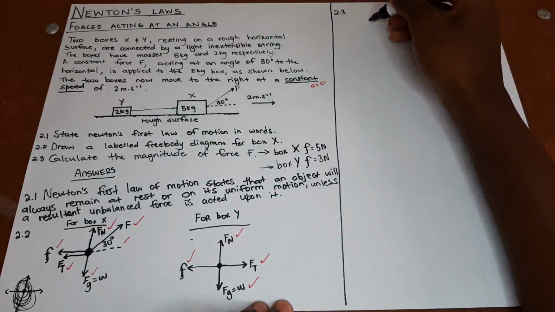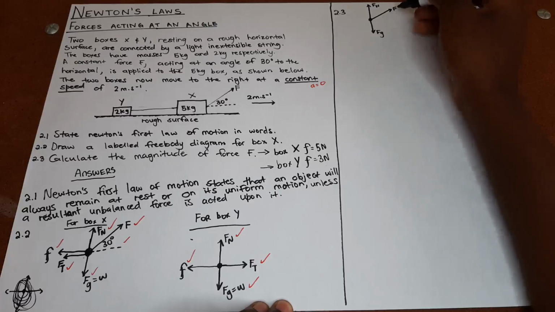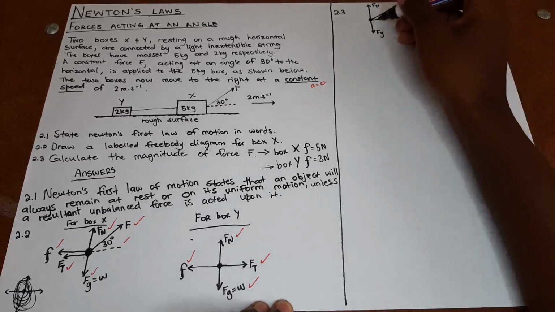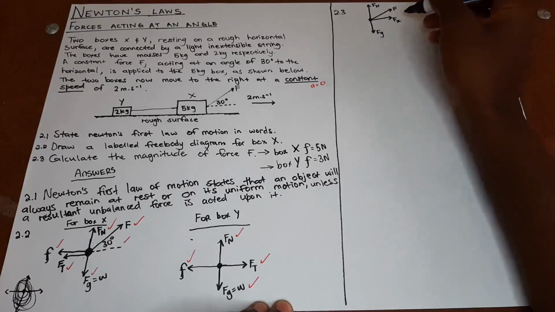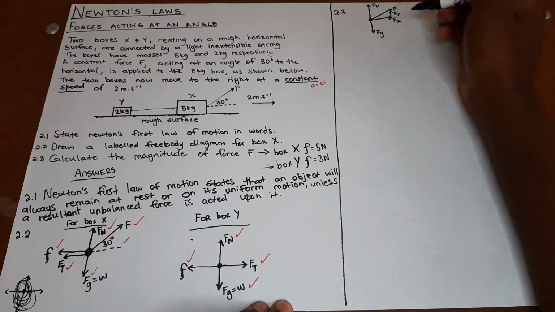So you know that here we have the normal force, we have a gravitational force, we have the applied force F, and now we have our Fx, which is our X component, and our Y component moving upwards, which is our Fy.